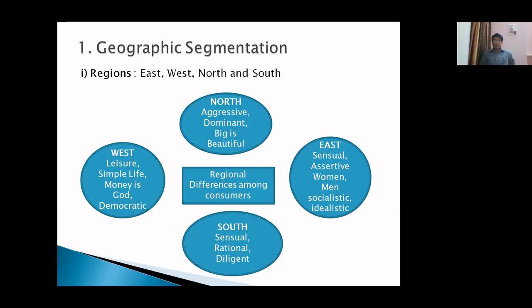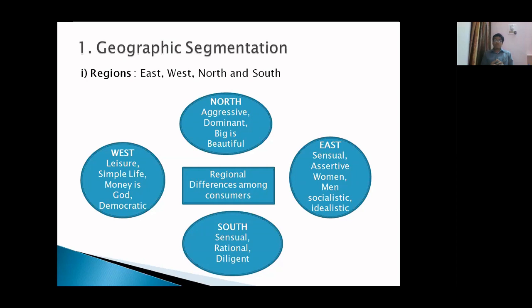So we could see from here each and every region will have certain differences in consumer characteristics which will shape their needs, which will be shaping their wants, and these characteristics will also make certain types of product preferred in north, east, south, or west region.